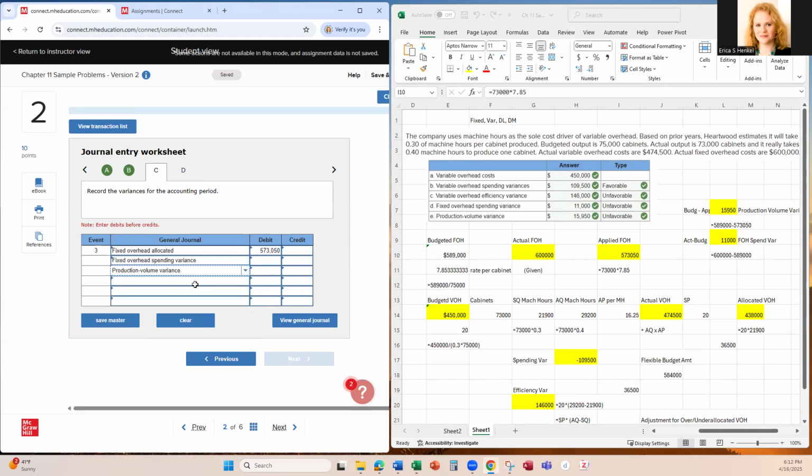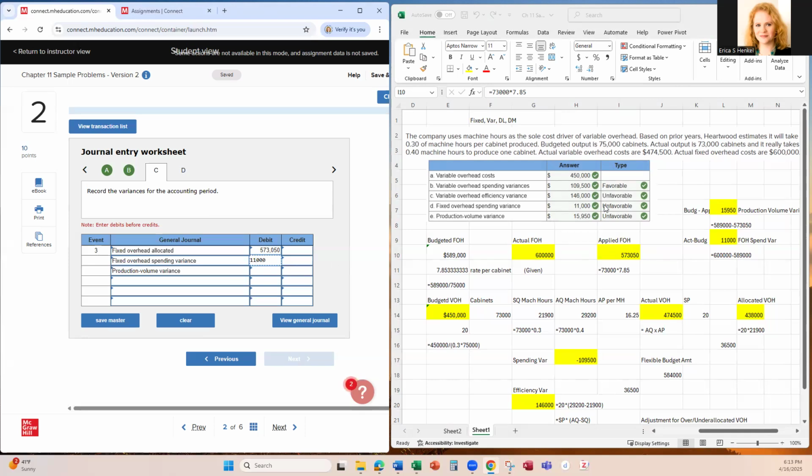Our fixed overhead spending variance was unfavorable, so it's treated like an expense and gets debited. We're putting those amounts that we calculated earlier, 11,000, not 10.